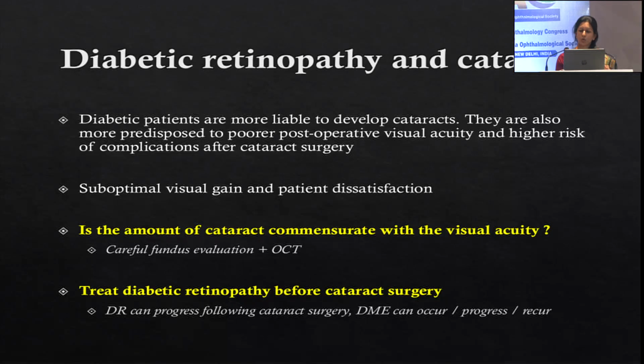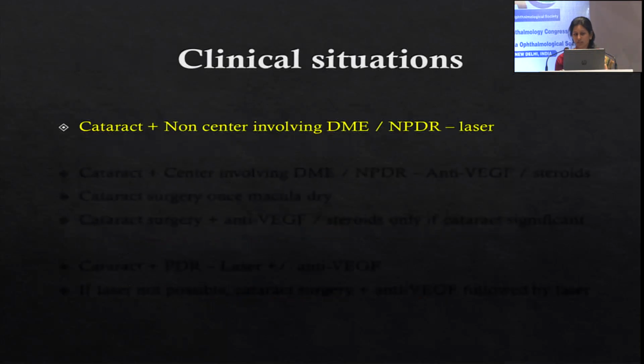So we'll talk more about this a little later. The reason for this is diabetic retinopathy itself can progress following cataract surgery, and if there has been DME in the past, or even if not, just 1 minute more, sorry, it can recur after cataract surgery.